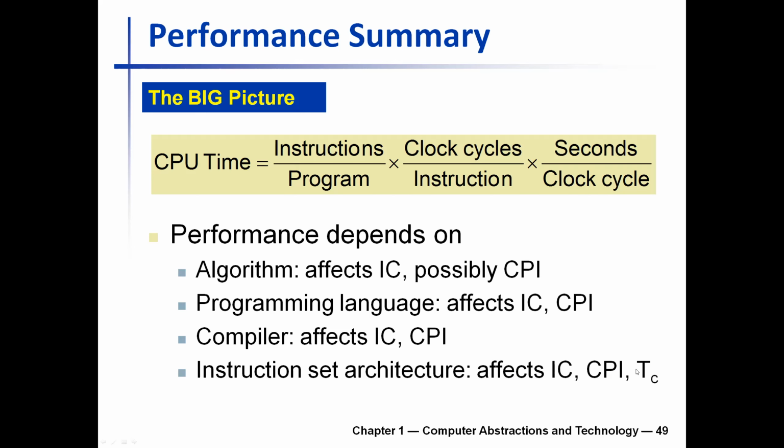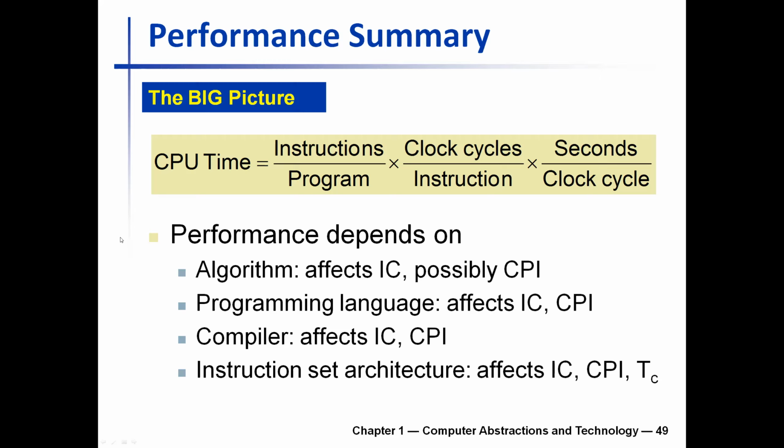The ISA is also going to affect the cycle time, because the hardware is designed based on the ISA, so the cycle time of the clock is affected by that. So the ISA is going to affect all of it.